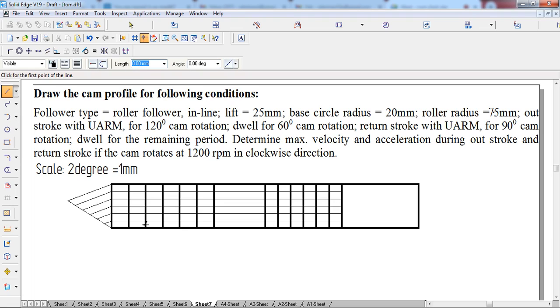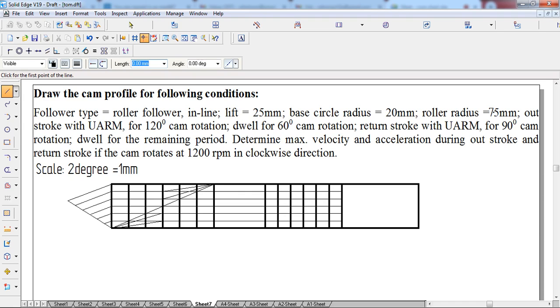Next, you know the procedure. So intersection of this, then from here, this intersection, then this intersection, then top side, this intersection and this intersection.